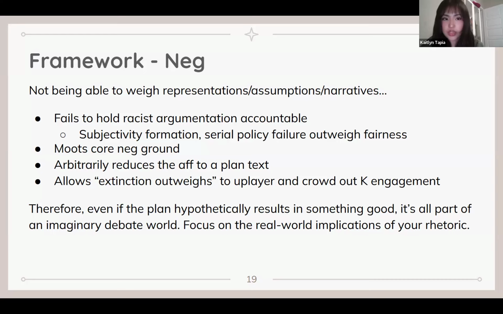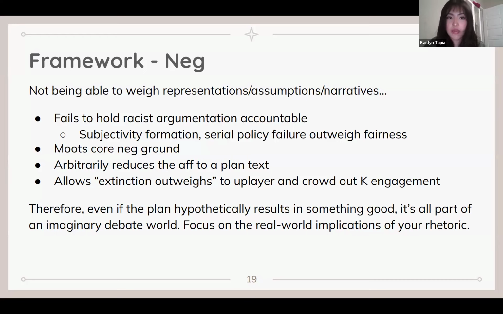In a world of debate where the negative is not allowed to read a critique against that type of affirmative, that would totally greenlight 100% of what they said, so long as they can prove that they have an extinction impact, right? Because extinction is infinite, it has infinite magnitude, it's the most important thing in the world, and none of the stuff that they said that was racist and problematic matters because it's not a consequence, right? It doesn't lead to extinction, and so who cares?